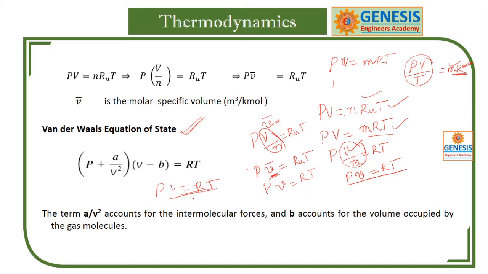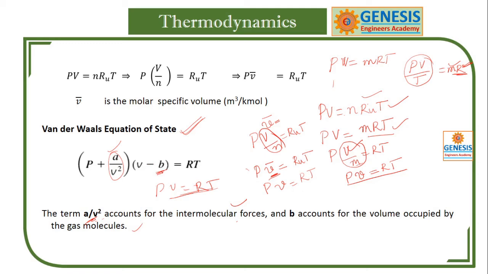So now we are introducing a by v square, so that the pressure we assumed has been corrected. The other one is the volume occupied by the molecules, that is b. These two terms are added to correct the assumptions made in deriving the earlier equation.